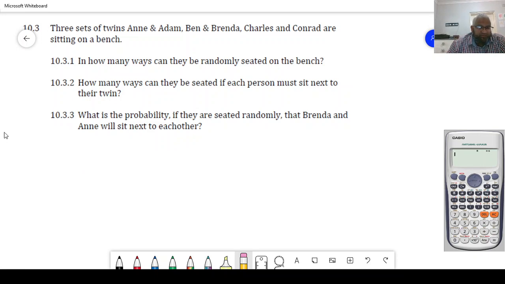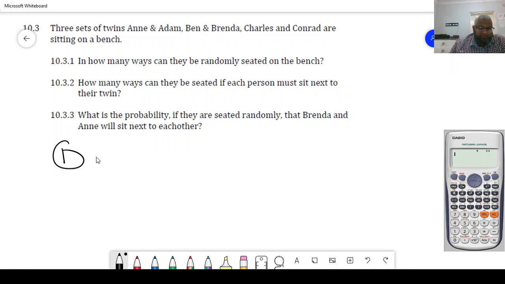In the first question, we are told in how many ways can they be randomly seated on the bench.